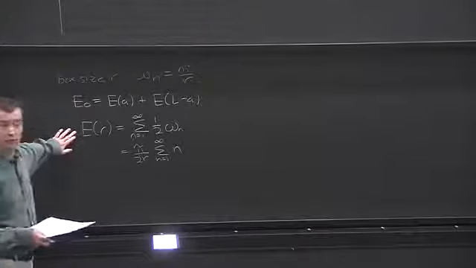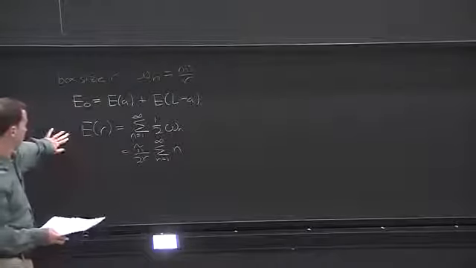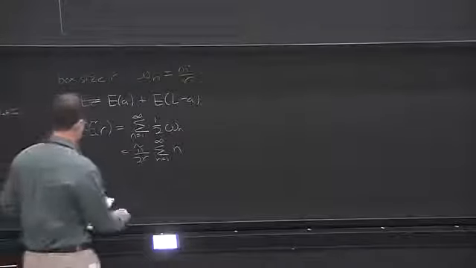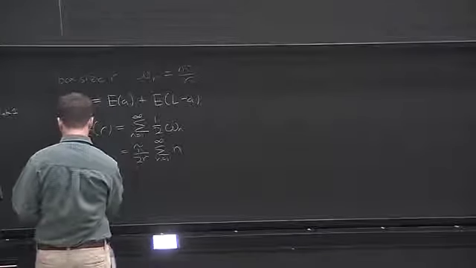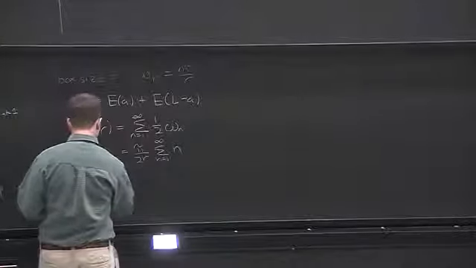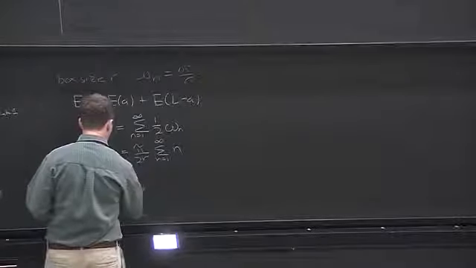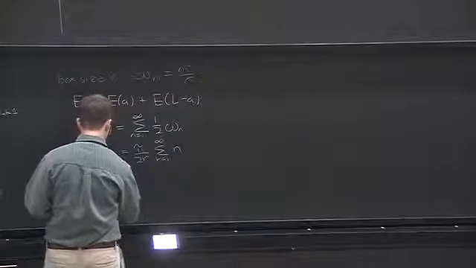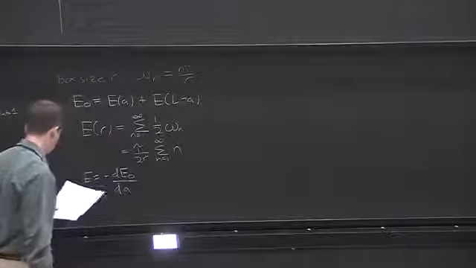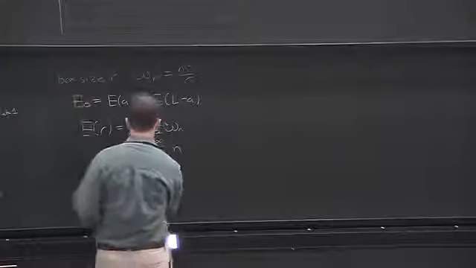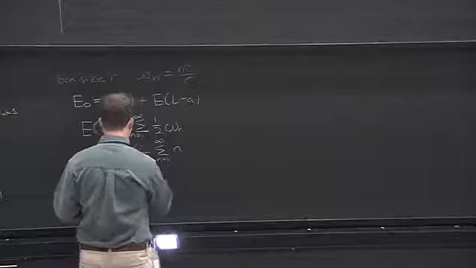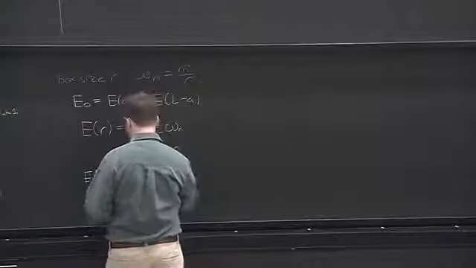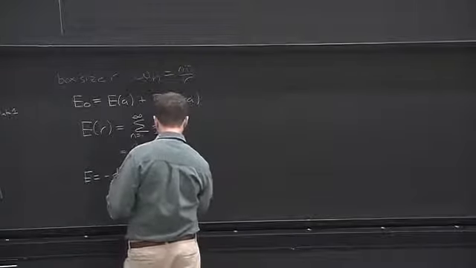But as argued before, we can't directly measure the energy. What we care about is the force. And so the force is minus the change in the energy as we change A. But if we compute that, so E of A, we'll get a term 1 over A squared.